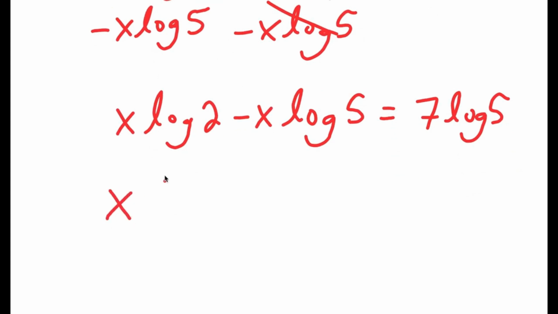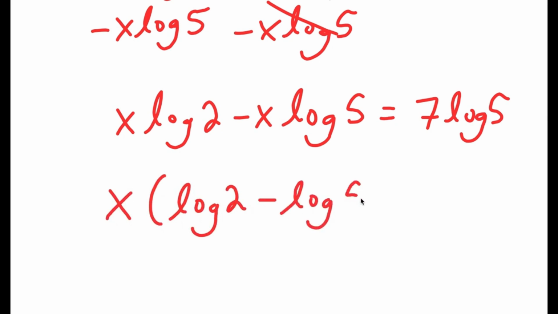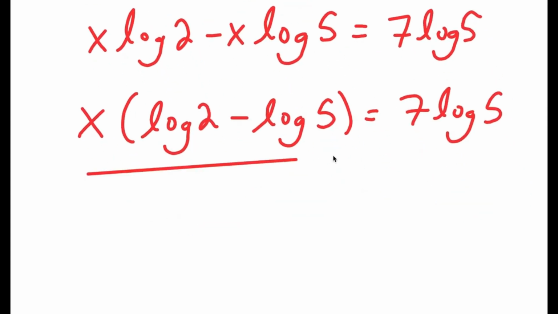Now I can factor out x, so I get x times log 2 minus log 5 is equal to 7 times log 5. And divide log 2 minus log 5 on both sides.